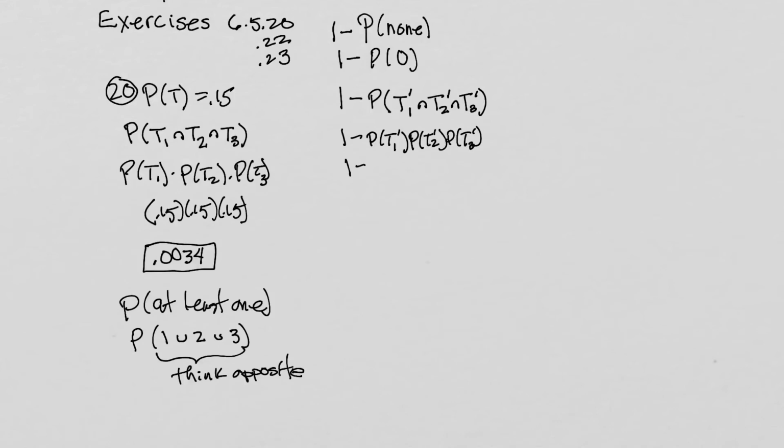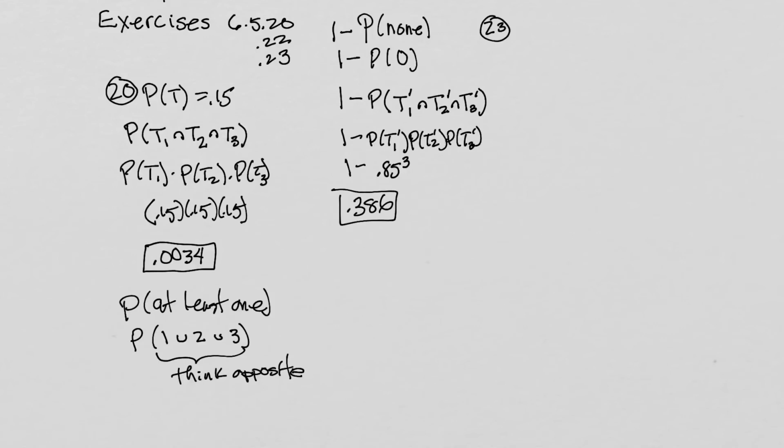So this is going to be 1 minus, now the probability of getting a tuna is 0.15. Not getting a tuna would be 1 minus that, 0.85, but we want 3 of those. And when I multiplied those out, I got 0.386.